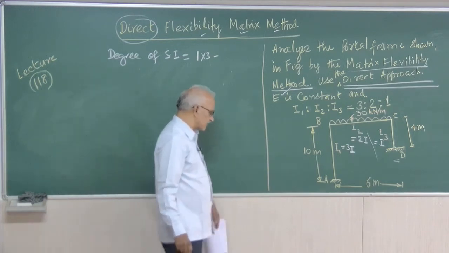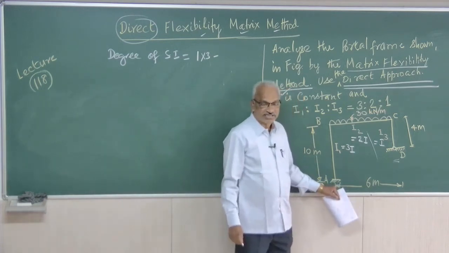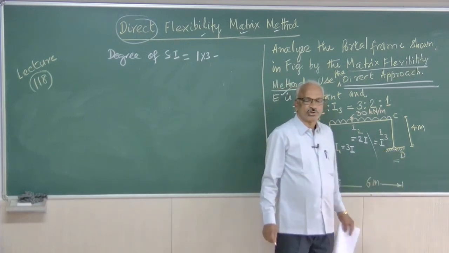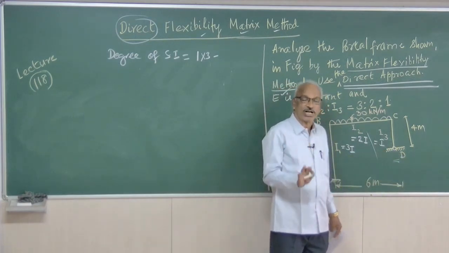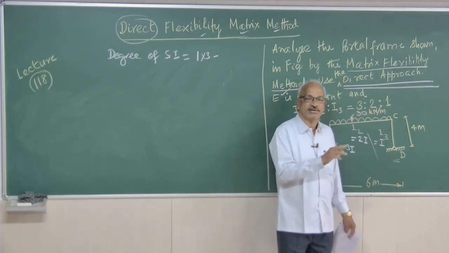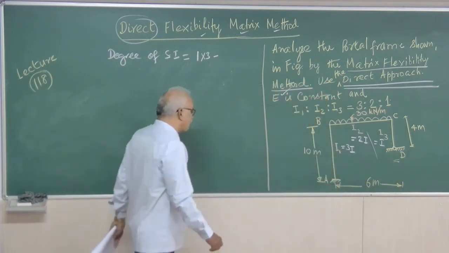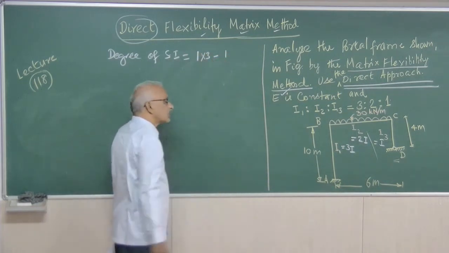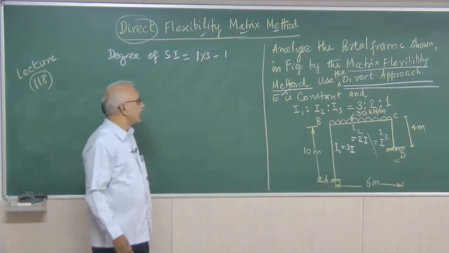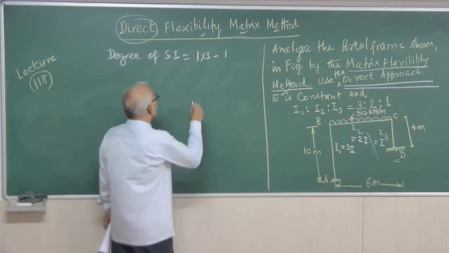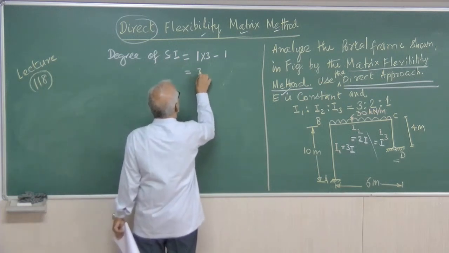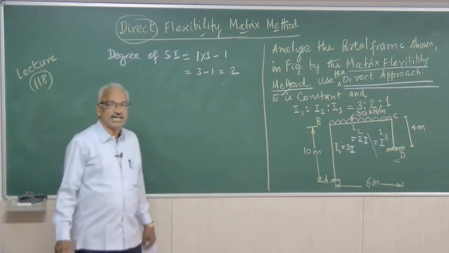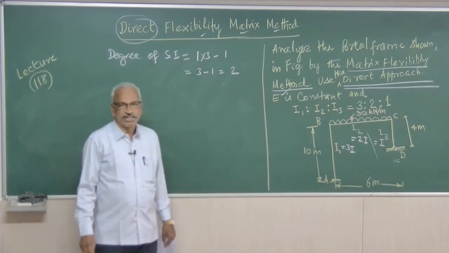Now A is fixed, therefore no release. D is hinged, so D can only rotate, therefore there is 1 degree of freedom at D. So the number of releases is equal to 1, that is the rotational degree of freedom at D. Therefore 1 into 3 minus 1 equal to 2. The structure is statically indeterminate to 2 degrees.